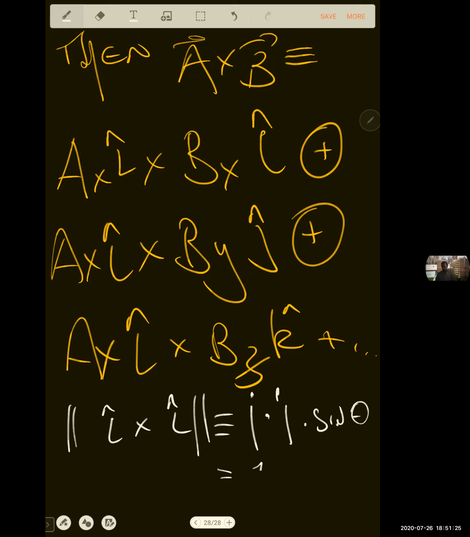Well, that would be 1 times 1, but times 0. In other words, a vector is parallel to itself. It's not at all perpendicular to itself. So if you cross a vector with itself, you get 0. In sum, i hat cross i hat must always equal 0.